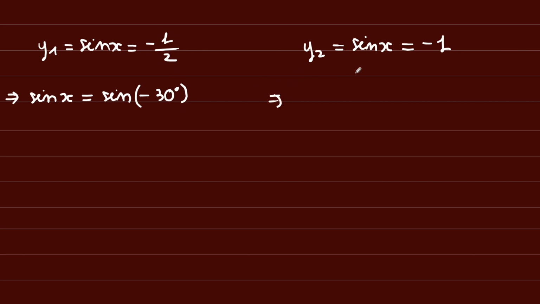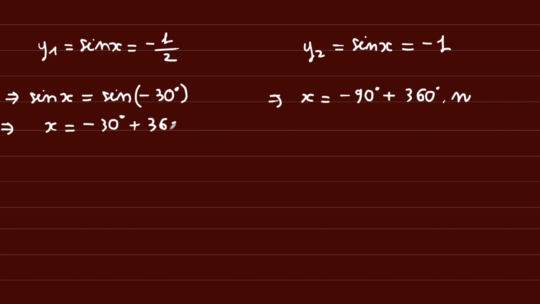And for the next one, this is quite easy because it is a special angle for sine, a special value for sine. We have only one solution for this: h will be minus 90 degrees plus 360 degrees multiplied by n. And how about this one? Corresponding to two general solutions, h equal to minus 30 degrees plus 360 degrees multiplied by n.